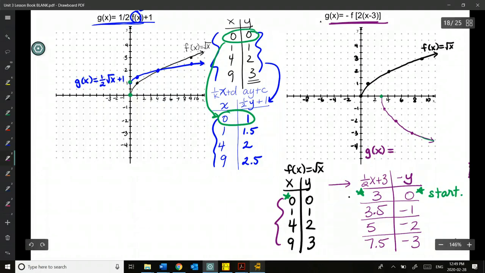Ethan? Yes. So the 2 and the x minus 3, the k and the d values, go underneath the root. A and c will stay on the outside. In this case, c is 0, so we don't have to worry about that. But our a value should be out front here. Okay, so that should be what your label looks like there.